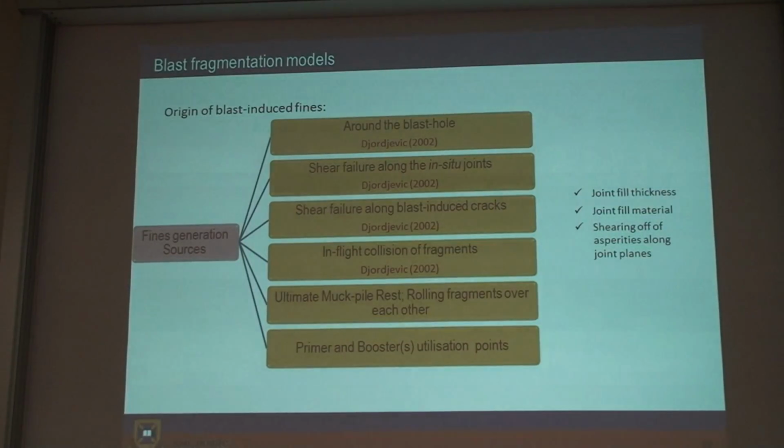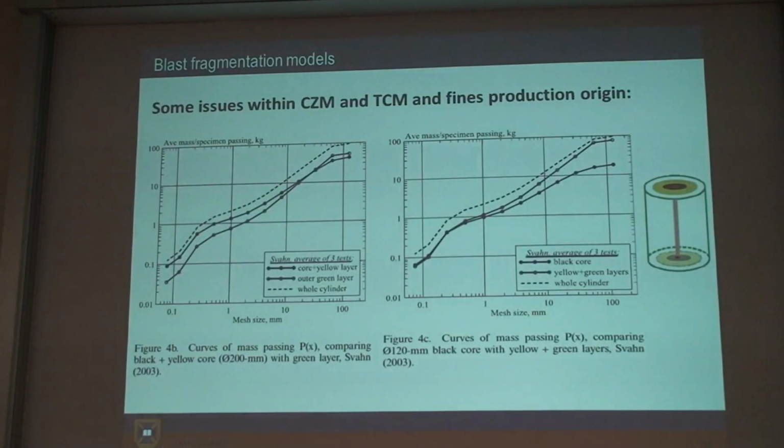And we can add other sources to this list, like rolling fragments over each other. When the heave moves and is close to settling, many heavy materials roll over each other. This can be considered a source of fines production. Also primer and booster utilization points. In many blasts, we use various boosters along the hole, which can be considered a source of fines.